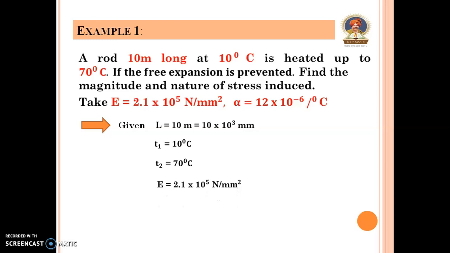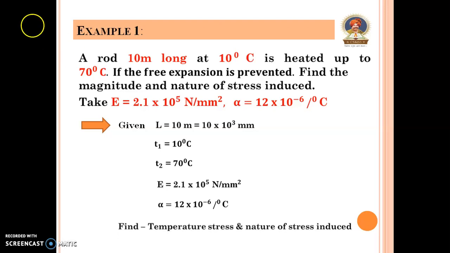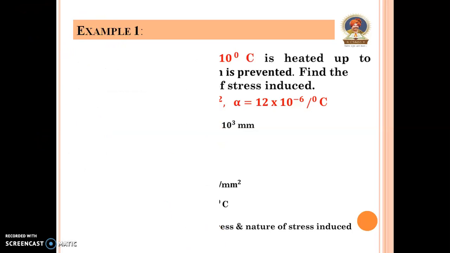Then Young's modulus E is equal to 2.1 into 10 raised to 5 Newton per mm square, and alpha is equal to 12 into 10 raised to minus 6 per degree Celsius. Here we are going to find the temperature stress and nature of stress induced in it.